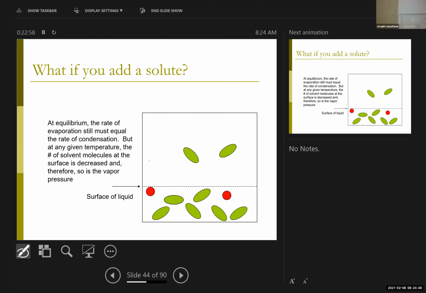One protein molecule will take up as much surface area as 200 or 300 small molecules. And so for extremely different solutes, it might matter. But in general, it does not matter.